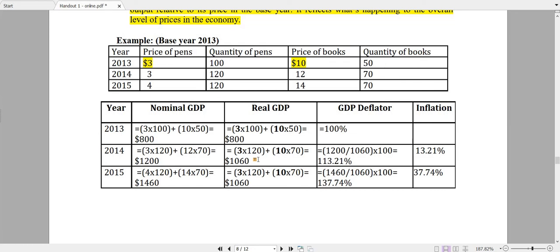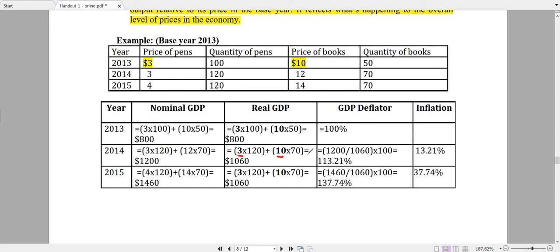You just need to remember this point, that when you're computing the real GDP, you have to take the prices constant. So here I have highlighted this point that the prices that I'm taking, these are 2013 price levels. Okay, so I am taking 3 over here and 10 over here. So 3 is the constant price of pens, and 10 is the constant price of books.